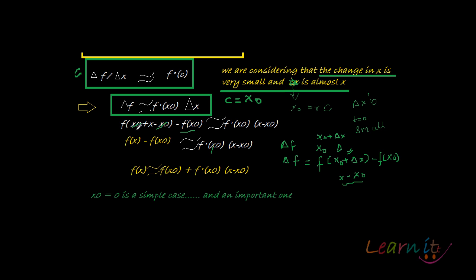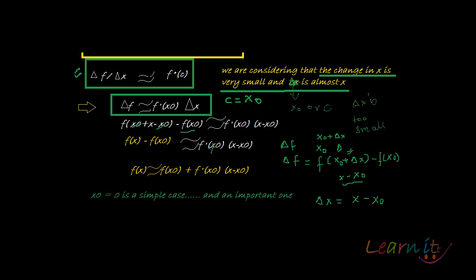So f x minus f x naught should approximately be equal to, might not be exactly equal, but approximately f dash x naught into delta x. Now what is delta x? Delta x is the change in x, and as we have just seen, it is essentially x minus x naught, x naught being the old point.